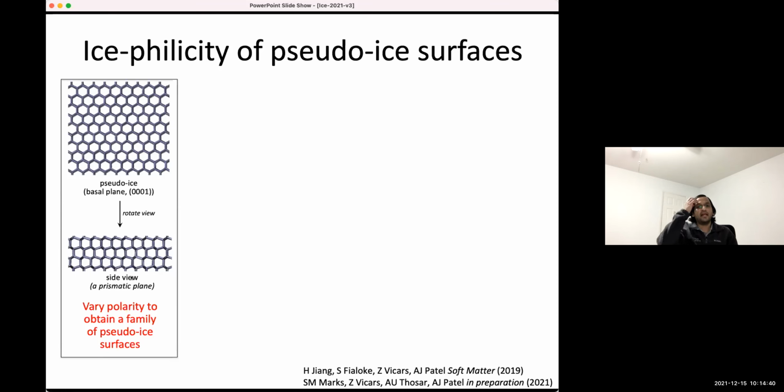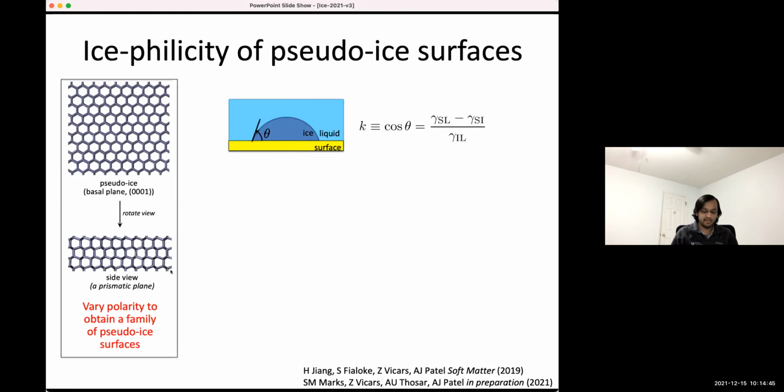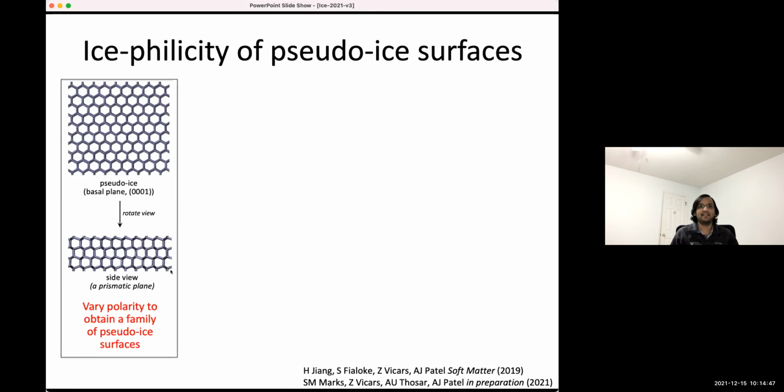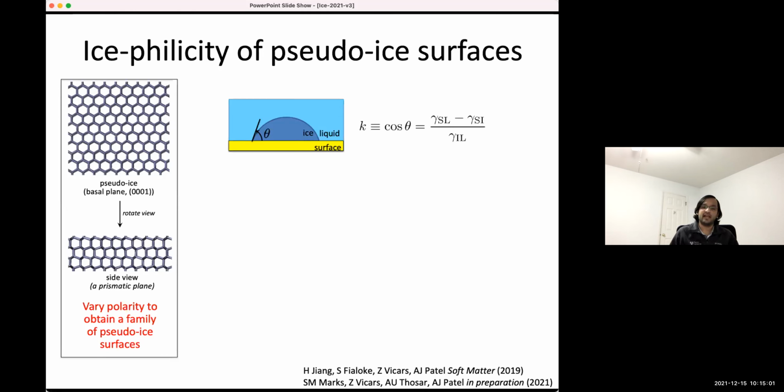Once we had this family of surfaces, we then set out to systematically characterize their ice philicity. To do this, we made use of a method that we have recently developed to characterize the hydrophobicity of surfaces in terms of the traditional measures like contact angle or wetting coefficient.